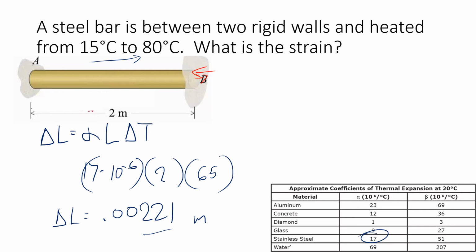To figure out the strain, we're going to use delta L over L. We know what the delta L is because they're being compressed by 0.00221. And the original length is going to be 2, but the original length is 2.00221, because if it didn't have any stress, that's how long it would be.